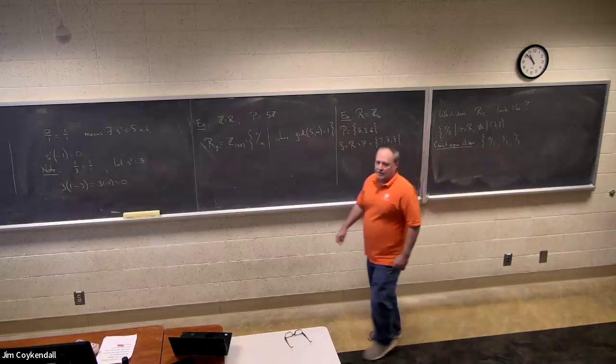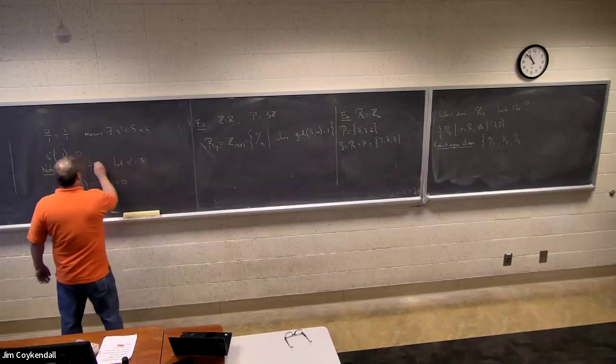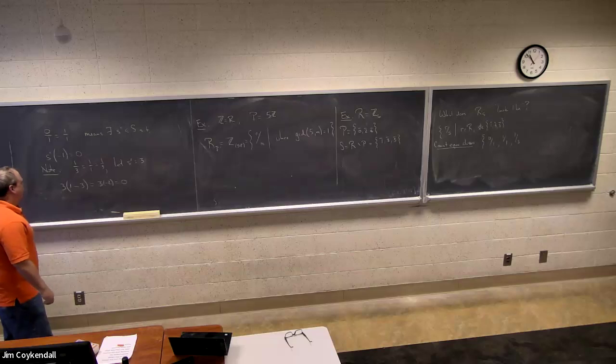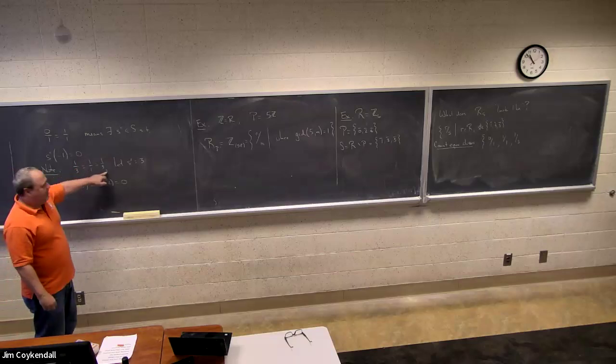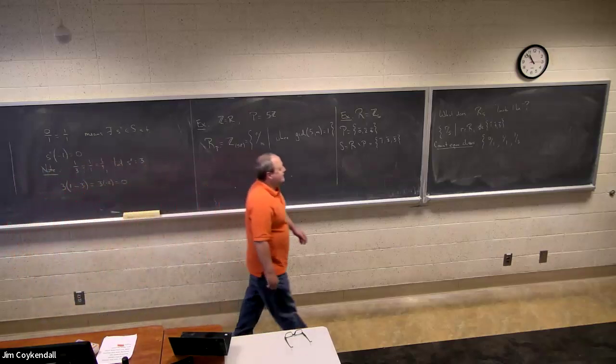Also note the same thing here, right? Because 5 minus 1 is 4, and 4 times 3 is 0, right?